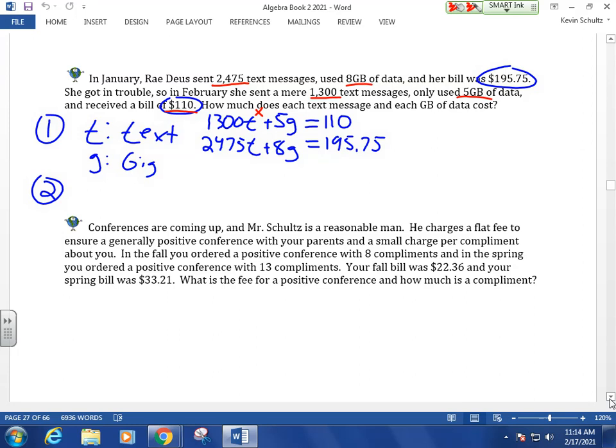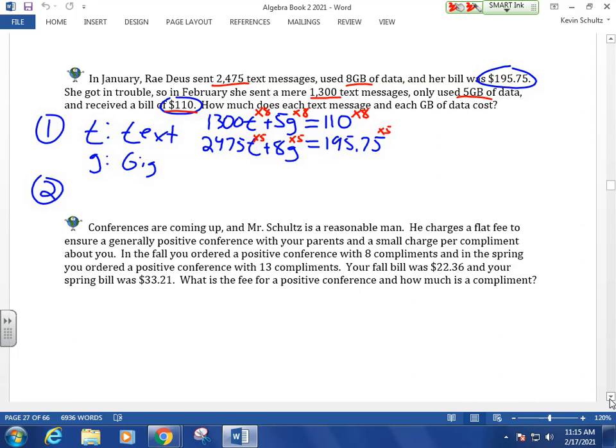So we're going to multiply the top equation, everything by 8, to get that 40 as a coefficient for G. And the reason why I'm picking 40 here is it's the least common multiple of our coefficients we already have for G, which are 5 and 8. Okay, and how do we get there? Is we multiply by 8. The bottom equation is going to get multiplied by 5 to get that 40G.